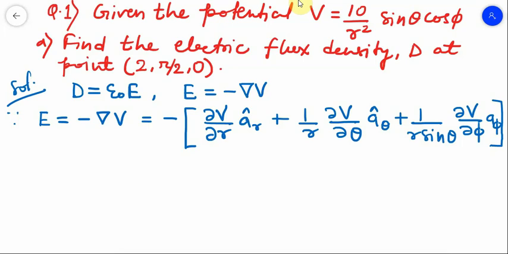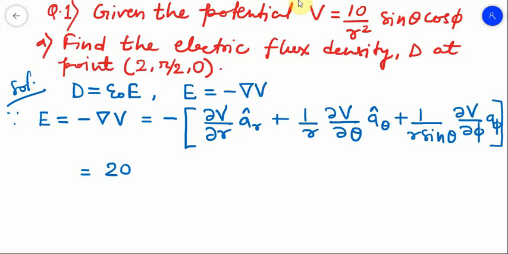The first term is differentiated with respect to r, the second with respect to theta, and the third with respect to phi.